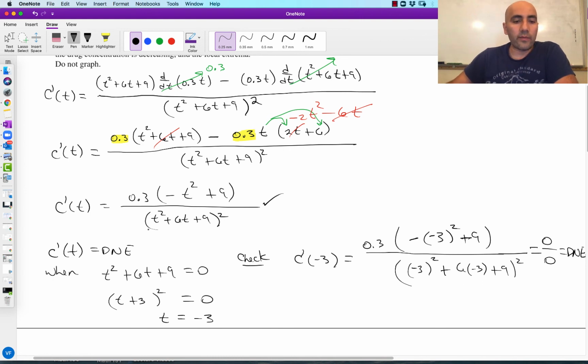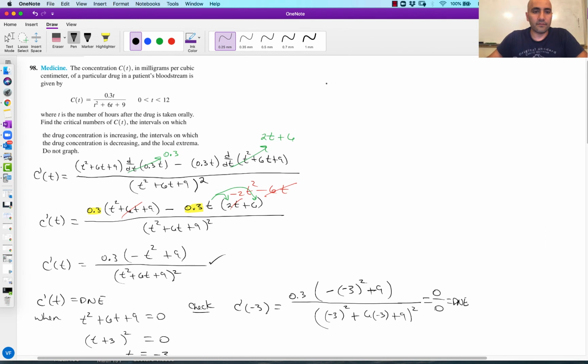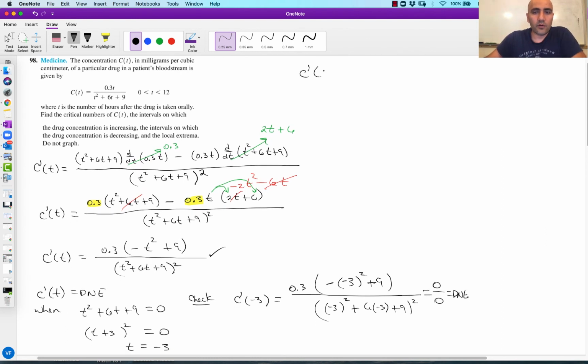Okay, what about the cases where the numerator is going to be 0 so that the whole derivative is equal to 0? So next we want to think about when the derivative is going to be equal to 0. So we're going to set C prime of t equal to 0 and solve.